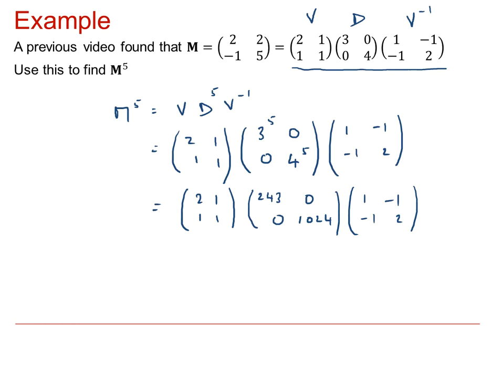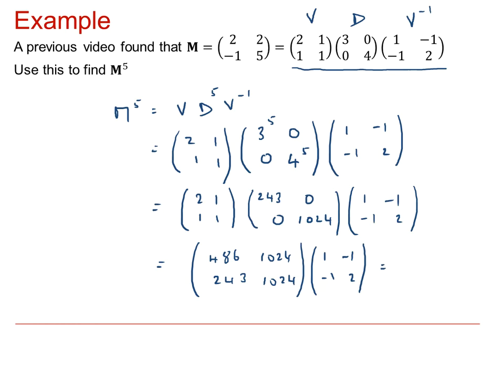If you multiply out the first two of those matrices, you get 486, the first element, 1024, and then 243, and 1024. And that will be multiplied by V inverse, which is 1, negative 1, negative 1, 2.